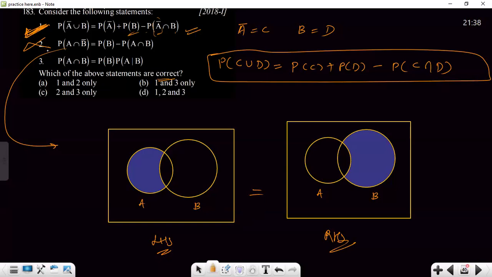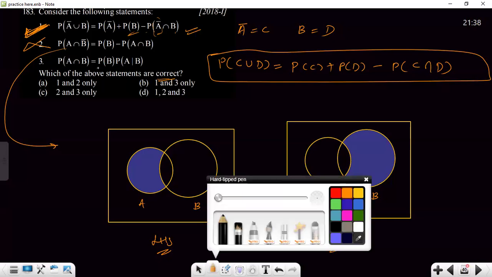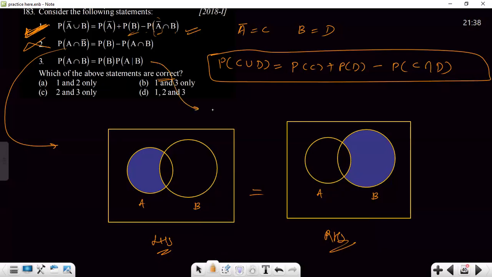Now let's talk about the third statement. Probability of this we have discussed in dependent events. Even if you just want to solve it, we can solve it using conditional probability.